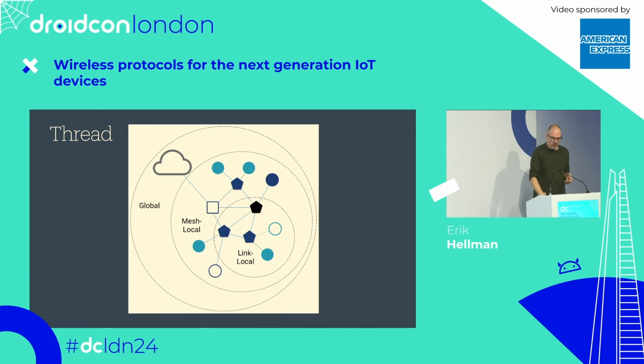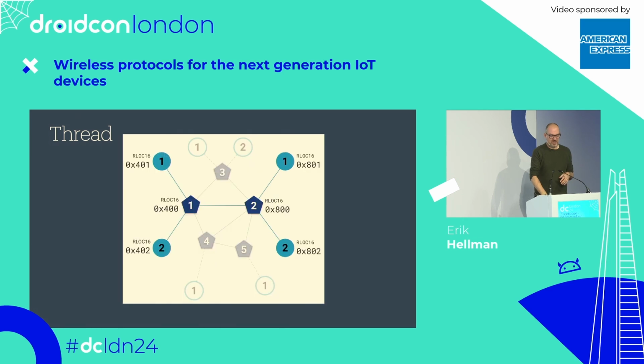So how does the IP addressing work? Because this is really, really smart, so I wanted to talk about this one. There is something in the standard called RLOC16, and each router starts with having a number. That's the one you see there. That's what the Thread leader does. It gives the ID to each router. And then all children have another number assigned from their router. Okay?